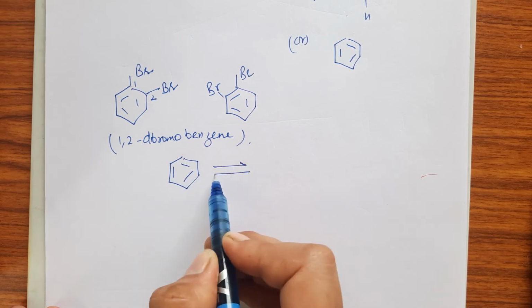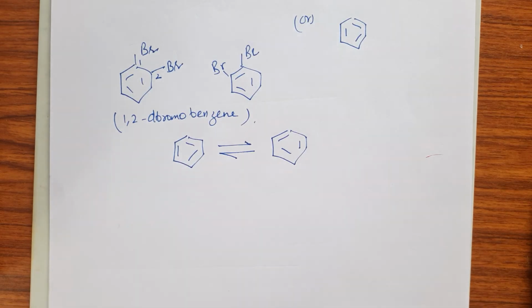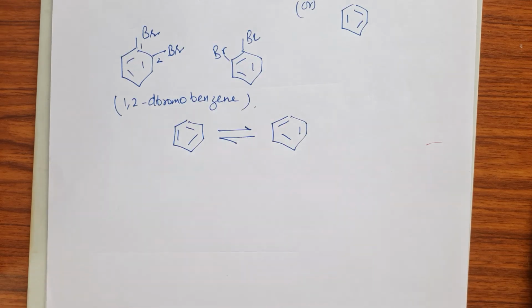The double bond oscillates from its position, and that's why there is formation of only a single di-substituted product, right? So this was the explanation from the side of Kekulé. But further study shows that Kekulé failed to explain the unusual stability of benzene, and further study showed that this structure can be explained on the basis of resonance.